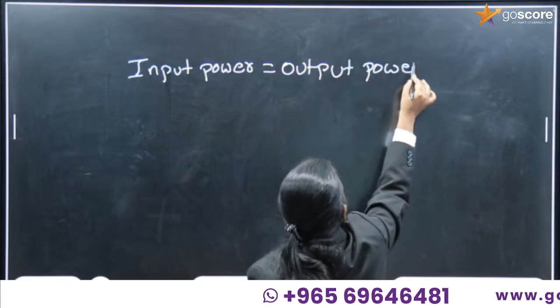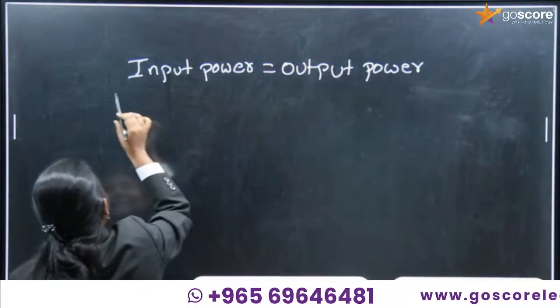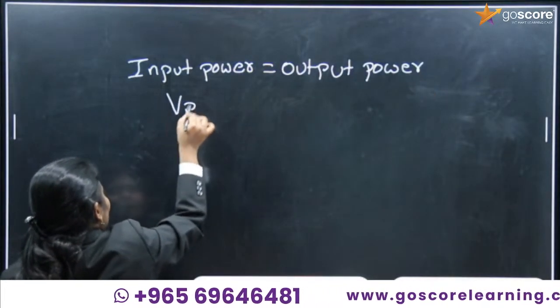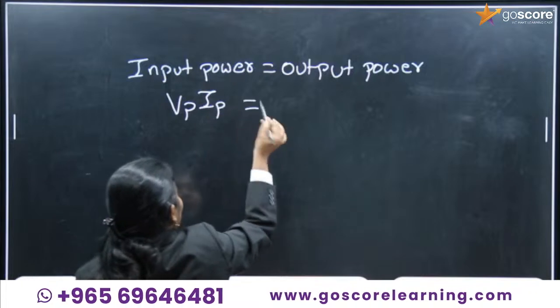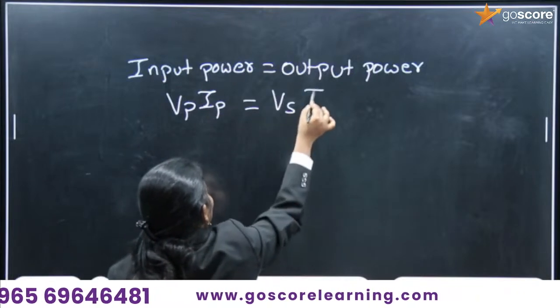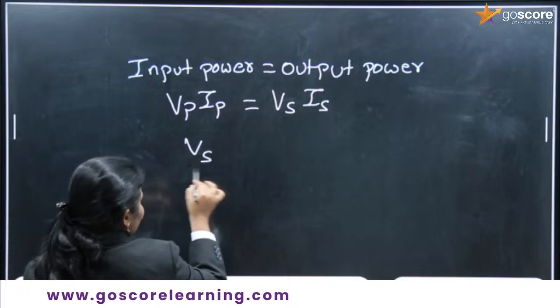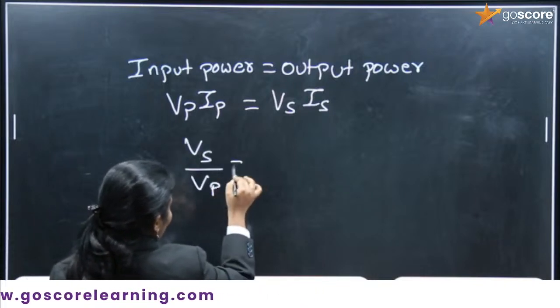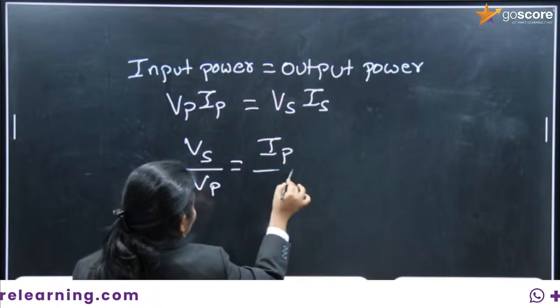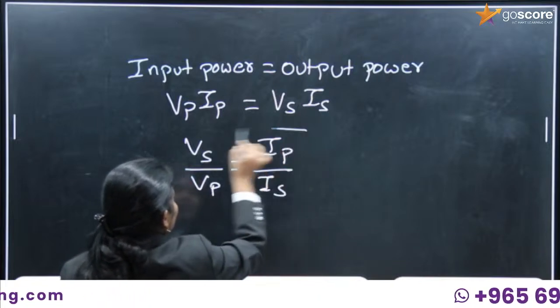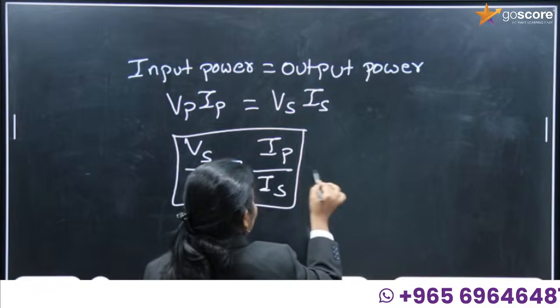VP into IP is equal to VS into IS. VS by VP is equal to IP by IS. This is the second equation.